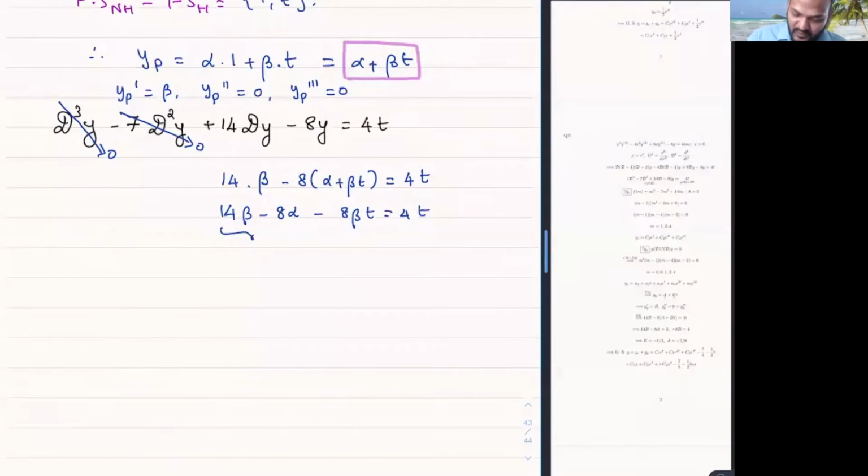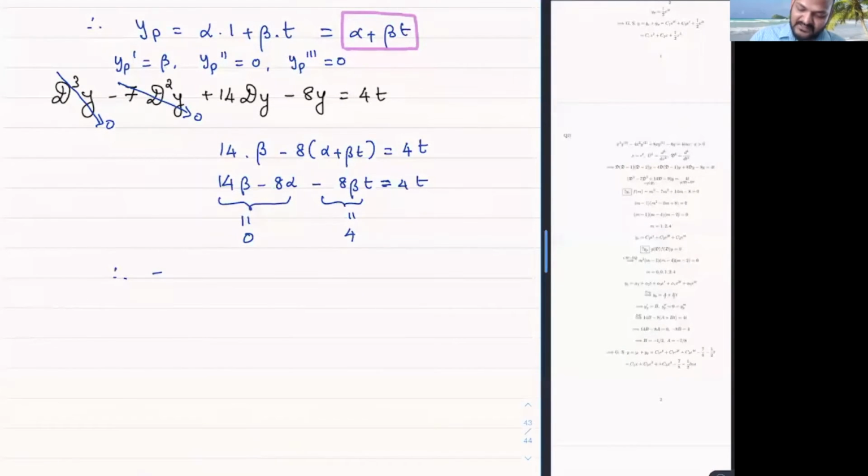And so for this equation to be satisfied, this must be equal to 0 and this must be equal to 4. I should say better that this whole thing must be equal to 4. And so therefore minus 8 beta is equal to 4 tells me that beta must be negative 1/2.